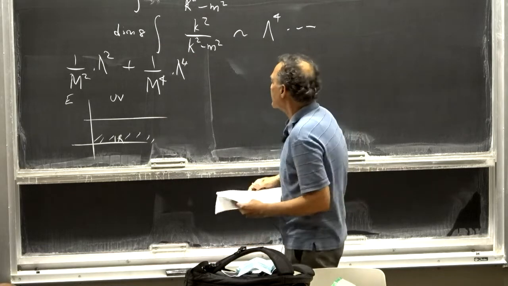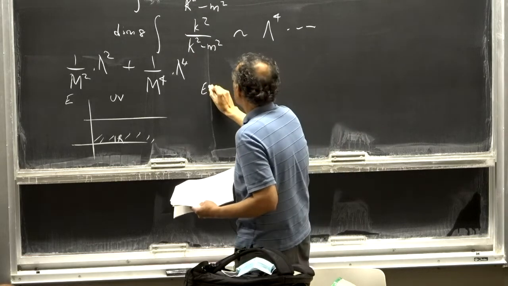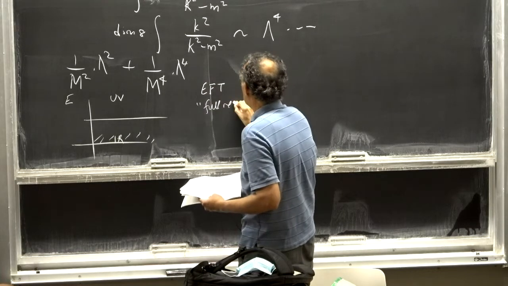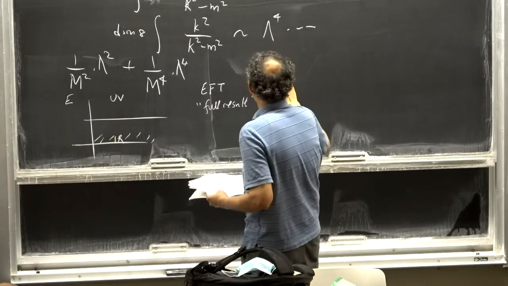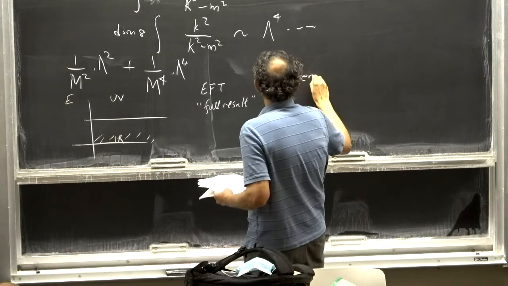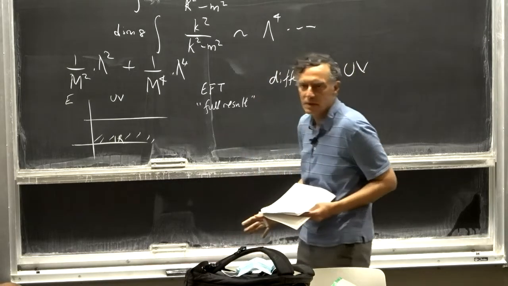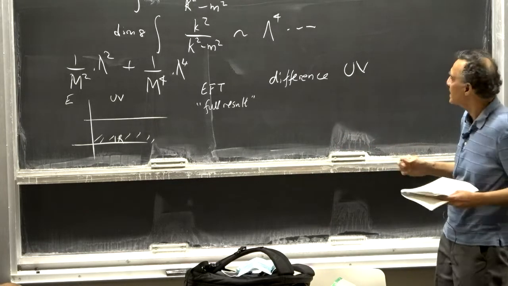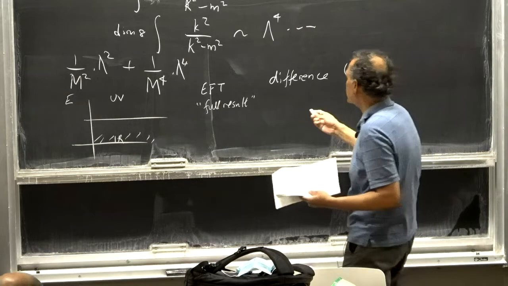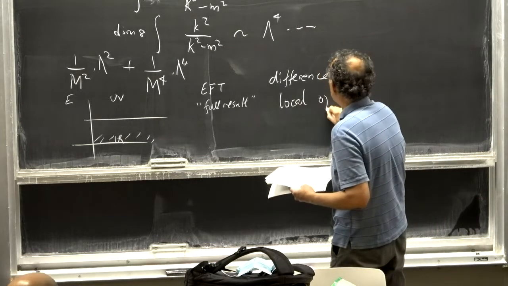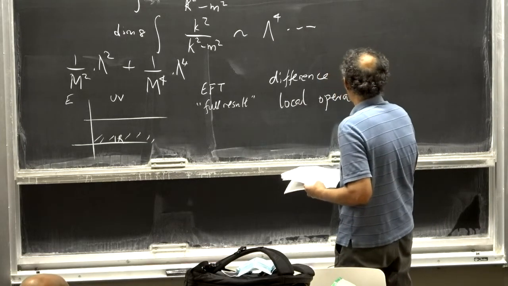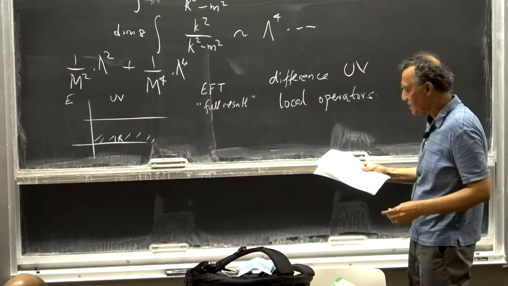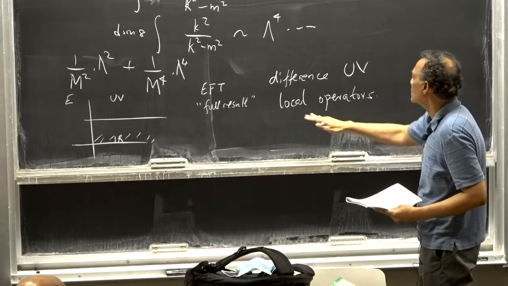And the point is that if you take the EFT result, and in some sense the full result, the difference is purely UV, which means it is local as long as you're looking at low energies. So the difference is some bunch of local operators. And what we do in what is called matching is figure out what the local operators are.